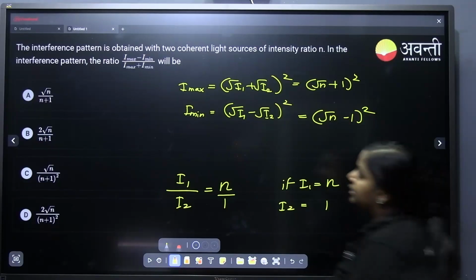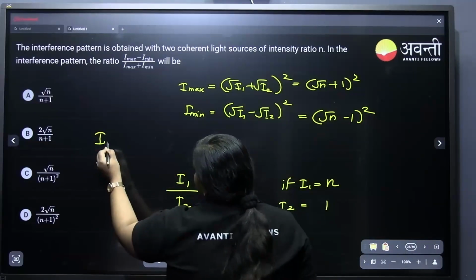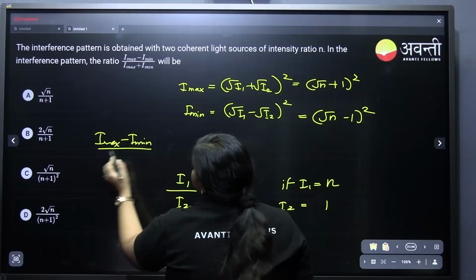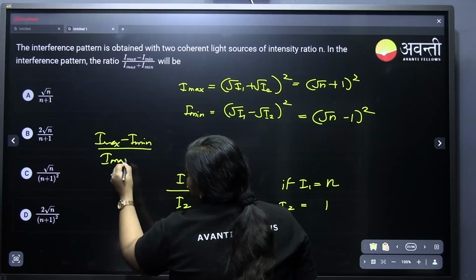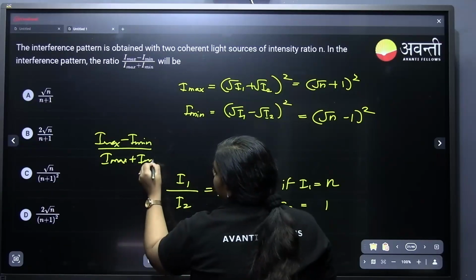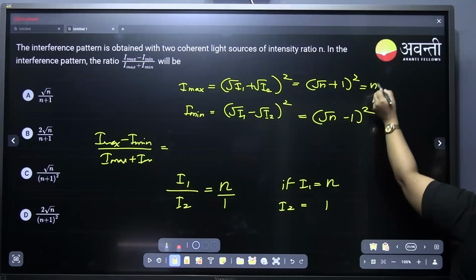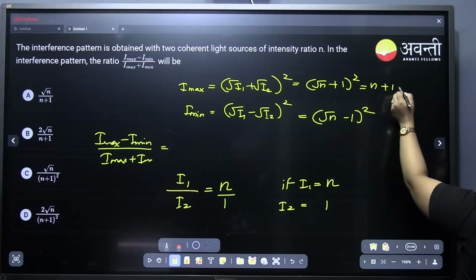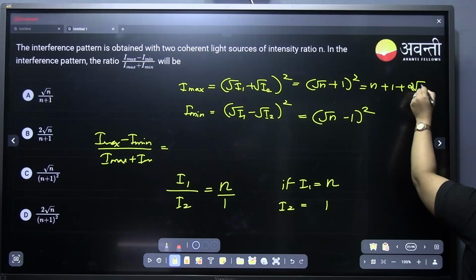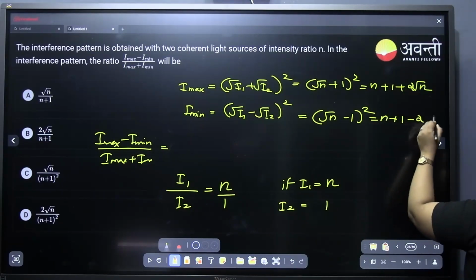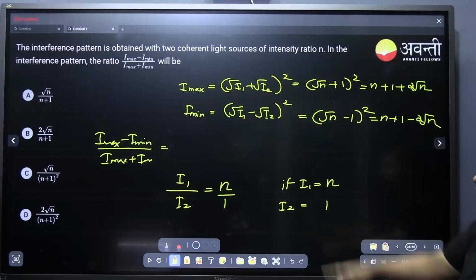Expand these, then substitute in (Imax minus Imin) divided by (Imax plus Imin). This you will get as n plus 1 plus 2 root n, and this you will get n plus 1 minus 2 root n.